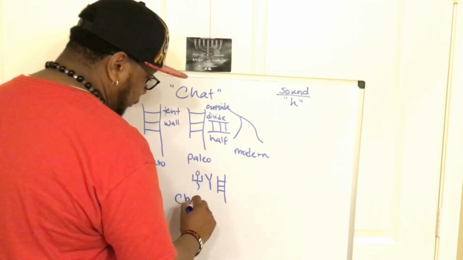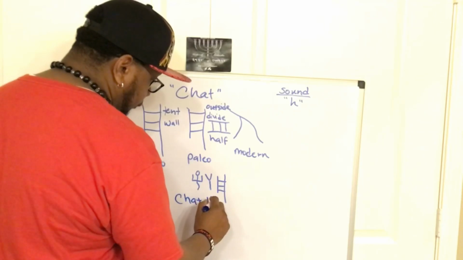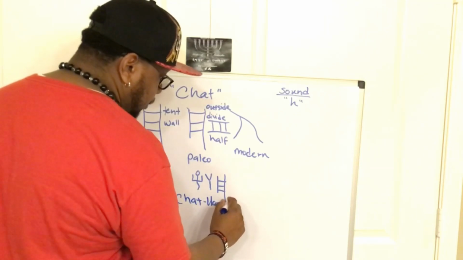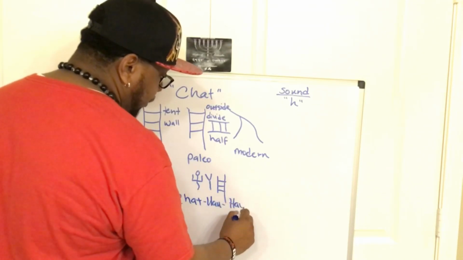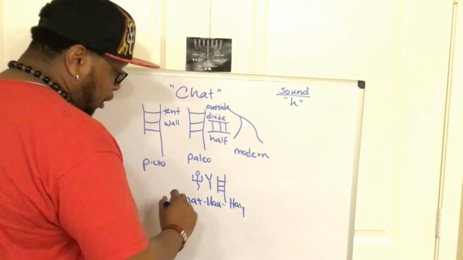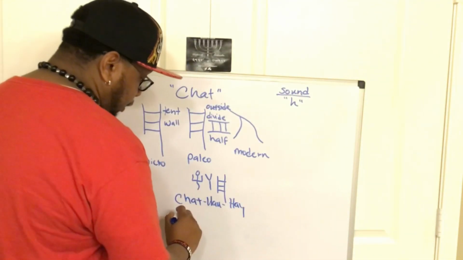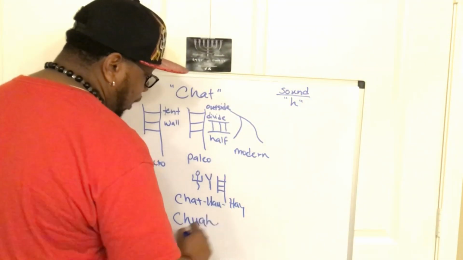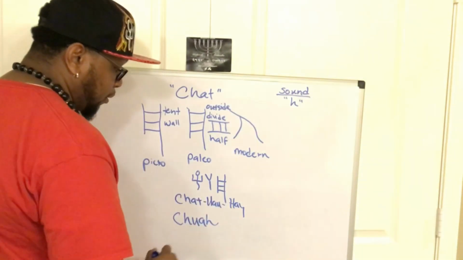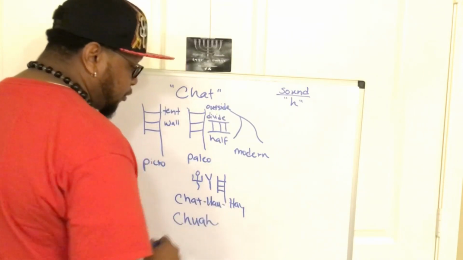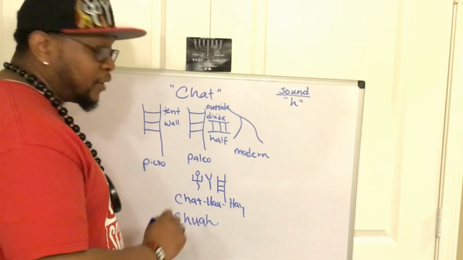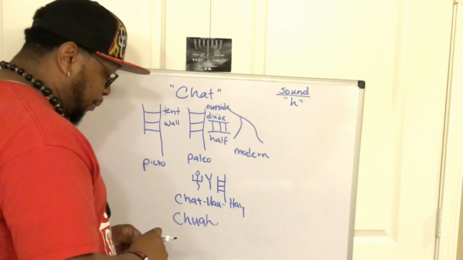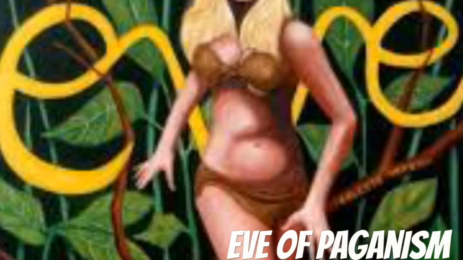Hot, Wa, High, or hey. Hot wa high. It is Hua. Erroneously translated Eve. Her name was not Eve. Eve is a pagan deity that they worship.